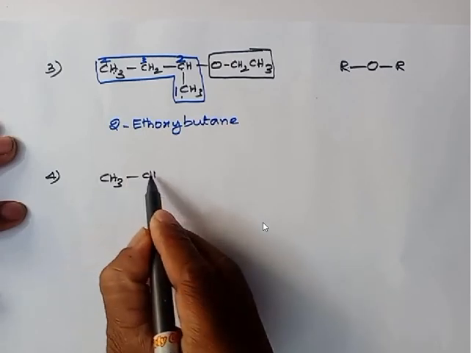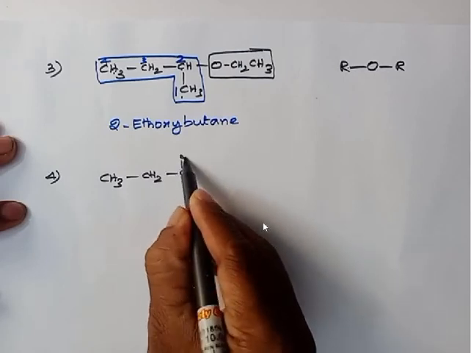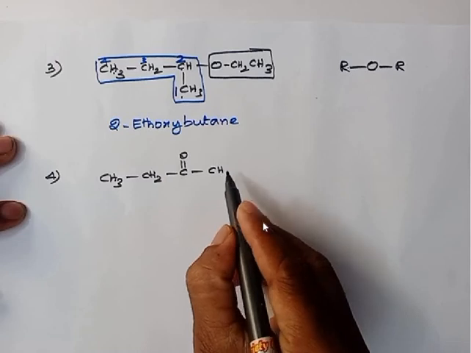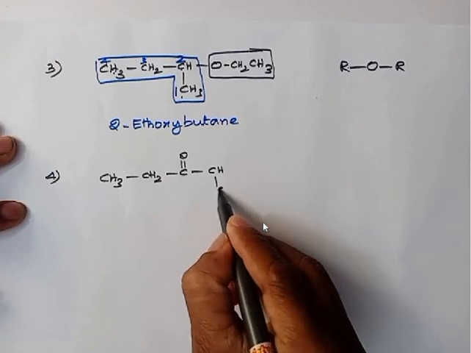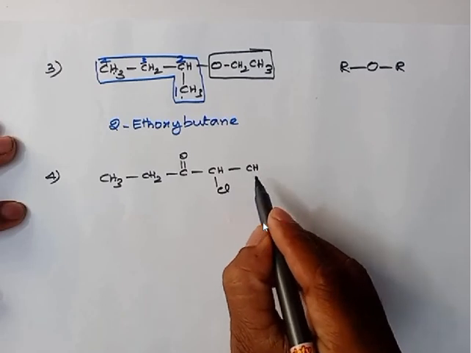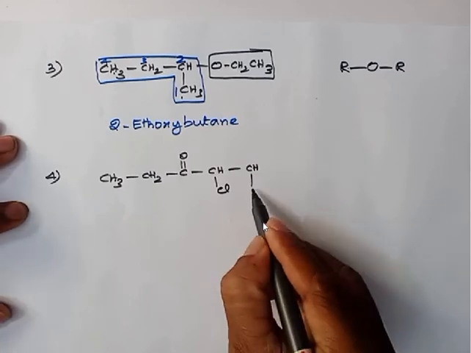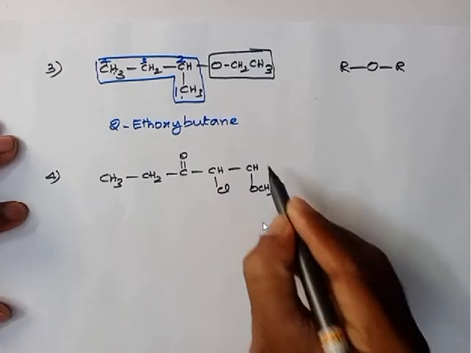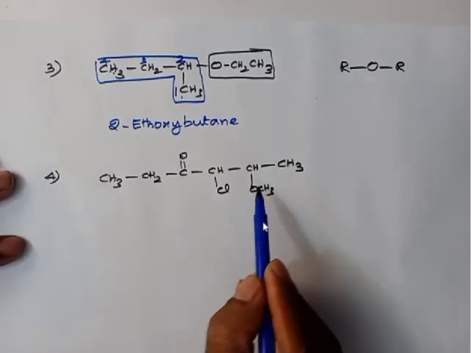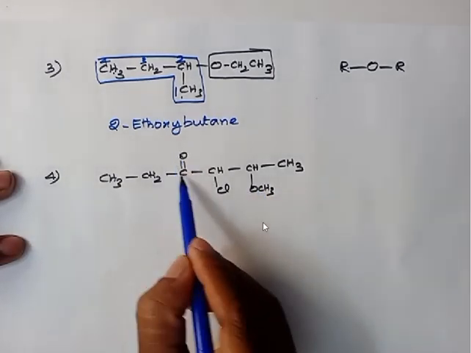We'll consider a compound like this. Now see, we have a methoxy group, a halo group, and a keto group.